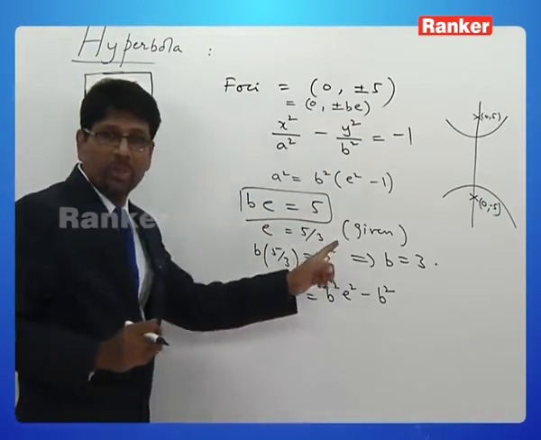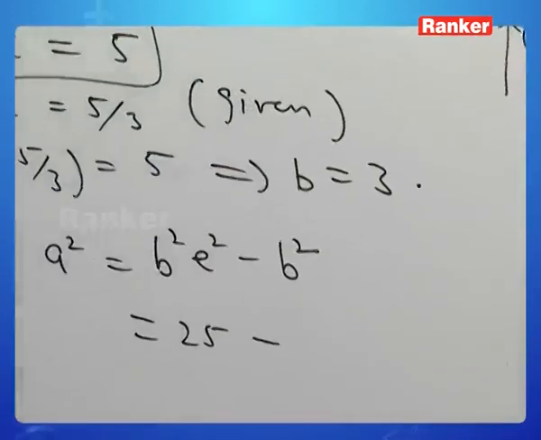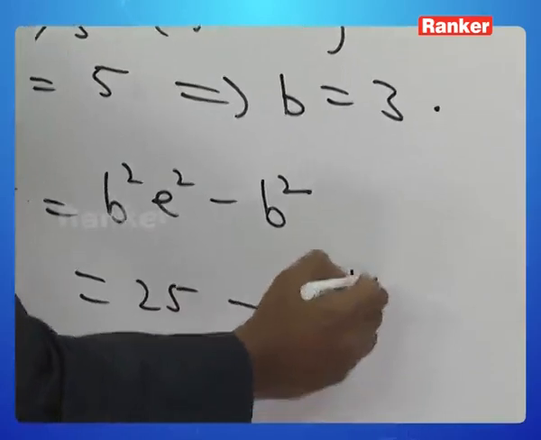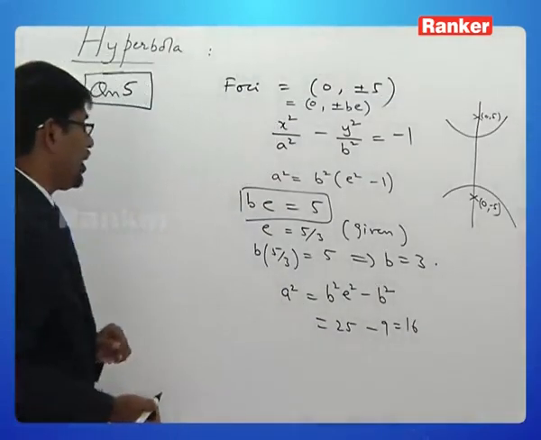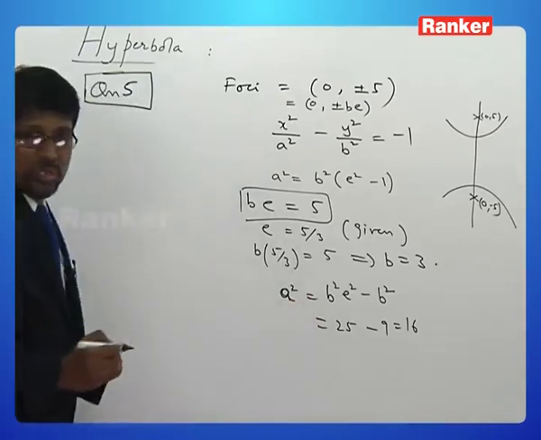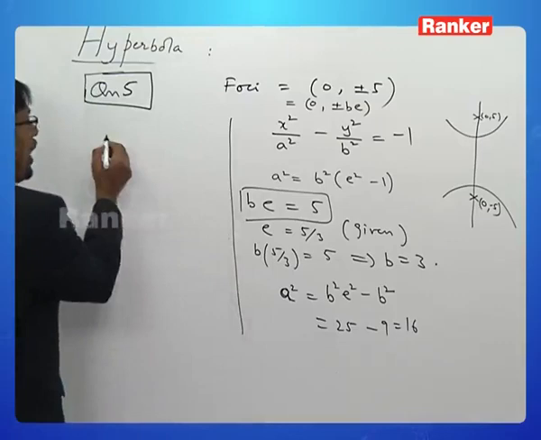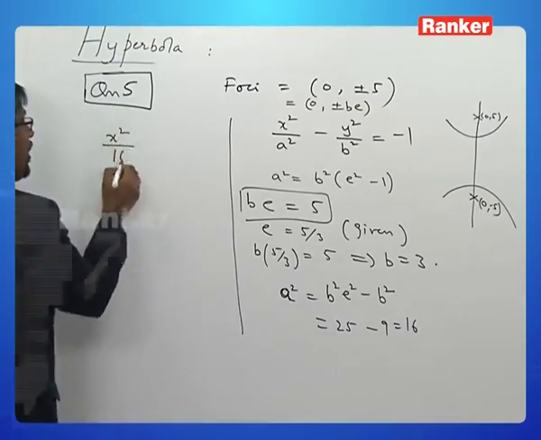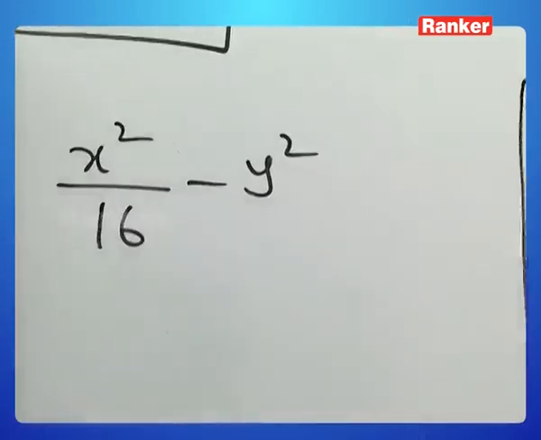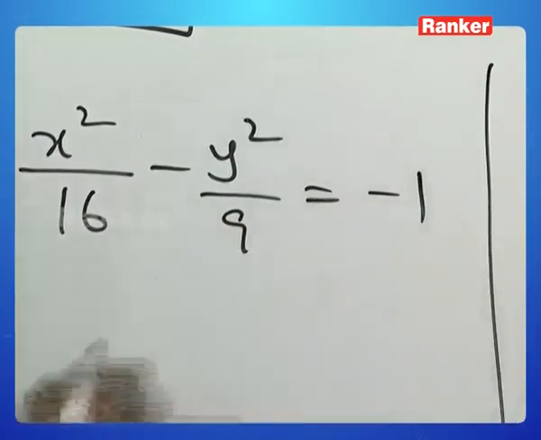So we have 25 minus b square. What is b square? 9. 25 minus 9, that is 16. Therefore, a square value is 16. Now the equation of the hyperbola becomes x square by 16 minus y square by 9, b square is 9, is equal to minus 1.